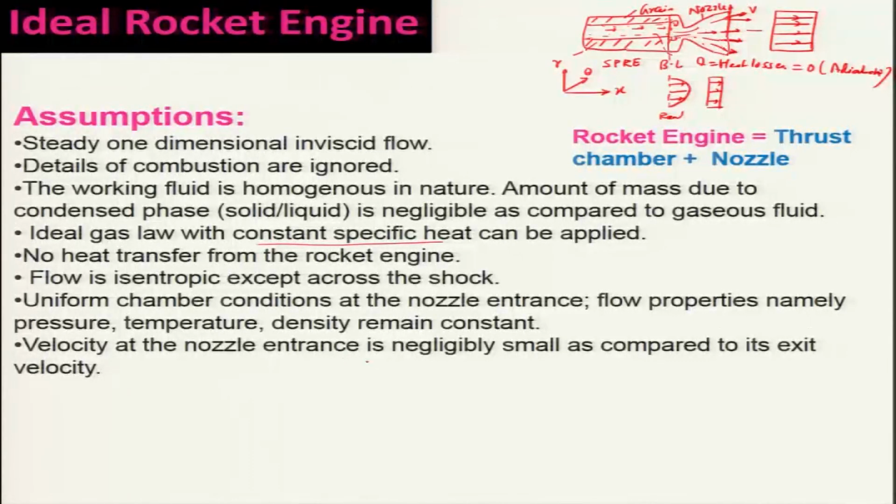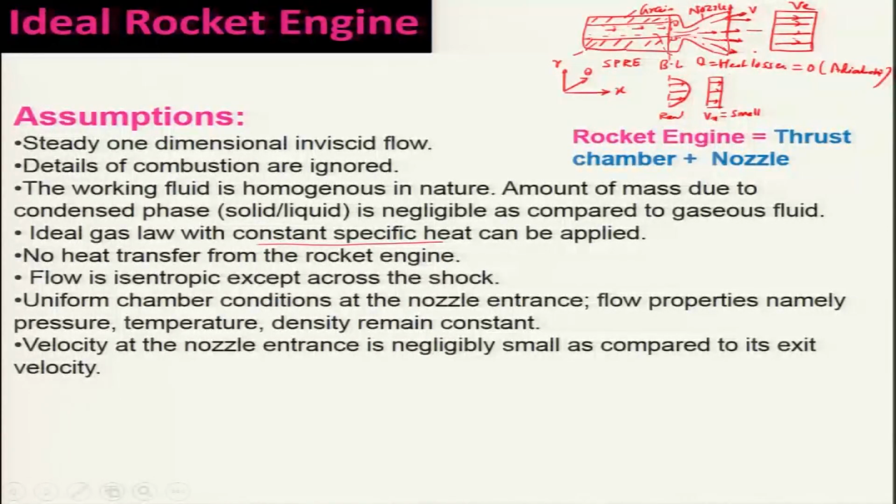Velocity at the nozzle entrance is negligibly small. Here the velocity will be very small, maybe a few meters per second, as compared to the exit, where it will be a very high velocity. This is your V e, the exit velocity at this point.